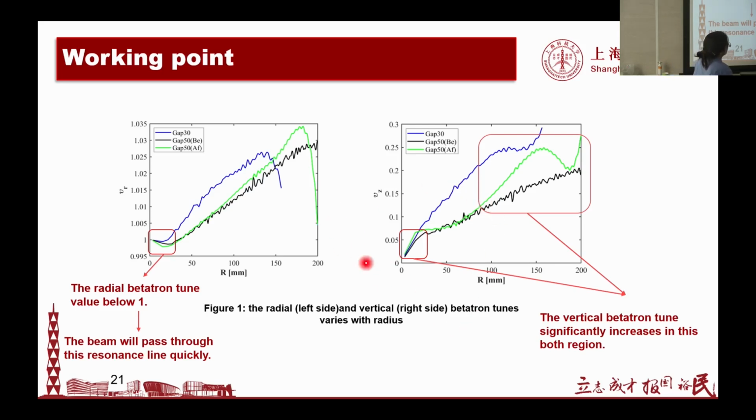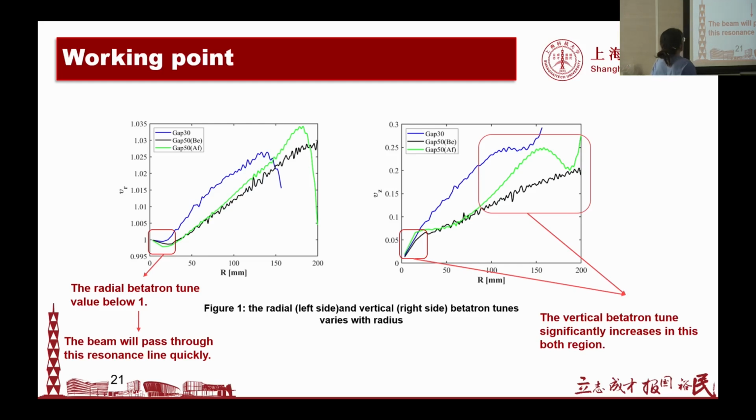We can see that in the central region and this region, the vertical betatron tune has a significant increase. It is worth noting that the radial betatron tune is below 1 in the central region, but due to the trajectories, the radius will rapidly increase in the central region.